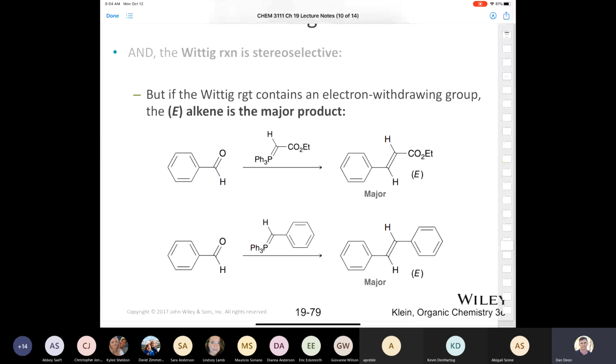Now, there are many cases where you end up with the E product. If the Wittig reagent contains an electron withdrawing group, the E alkene is going to be the major product. An ester is an electron withdrawing group. And so when we react with this Wittig reagent, we end up with the E product. Look, you can see the two bigger groups are opposite, right? They're on opposite sides. Also a phenyl, that's an electron withdrawing group.